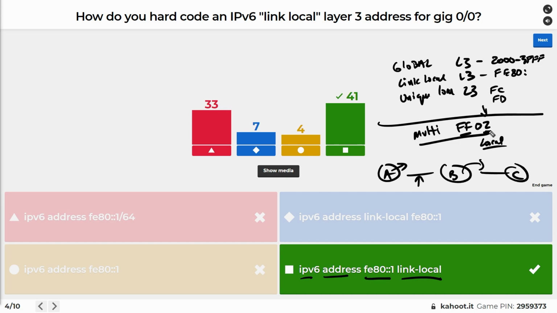And some of the well-known multicast groups would include things like FF02::5. That'd be great for OSPF. FF02::1 would be all IPv6 speakers, every device that's running IPv6, every interface. And then ::2 would be routers that have IPv6 unicast routing enabled.